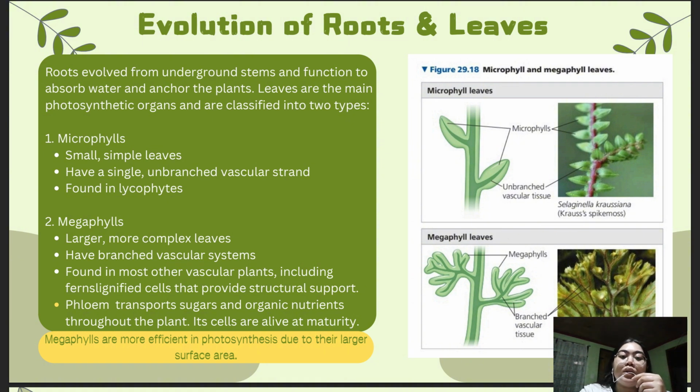Leaves evolved in two types. Microphylls are small and simple leaves with a single unbranched vascular strand, while megaphylls have larger and more complex leaves and have branched vascular systems. It is said that megaphylls are more efficient in photosynthesis due to their larger surface area.